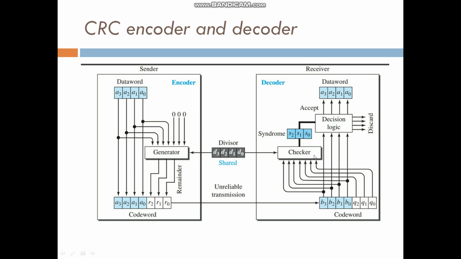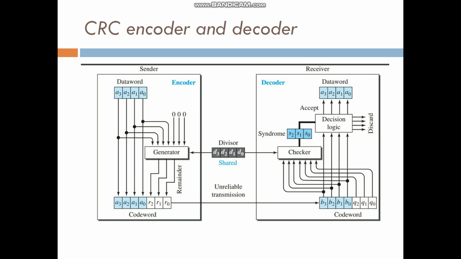separates the syndrome bits. Then the syndrome bits are fed to the decision logic, and the decision logic mainly checks whether the syndrome bits are 000; then the data is accepted because there is no error in the data transmission.